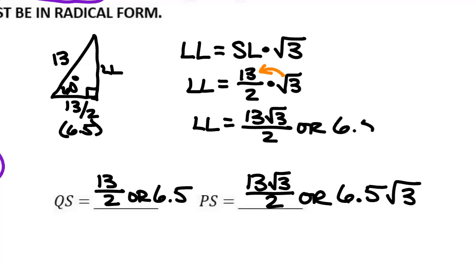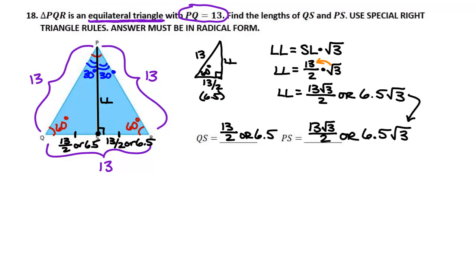I would accept that as correct also. When you take an equilateral triangle and cut it in half down the middle, you turn it into a 30, 60, 90 triangle. You have to know your 30, 60, 90 rules and your 45, 45, 90 rules. Yes, dear? 19, absolutely.